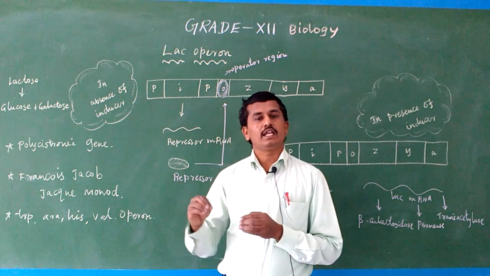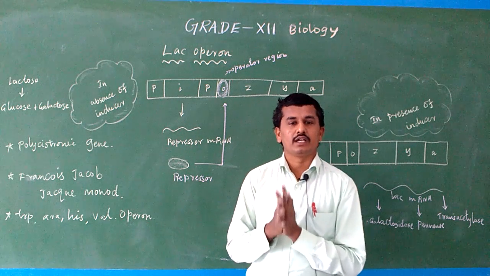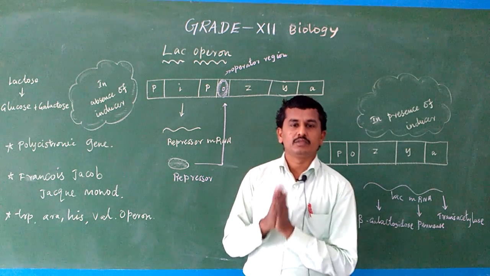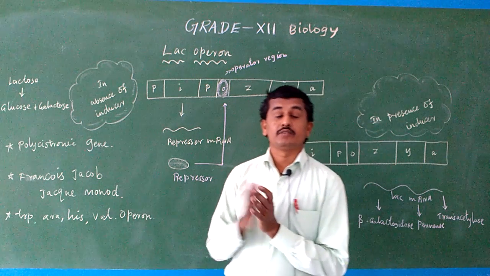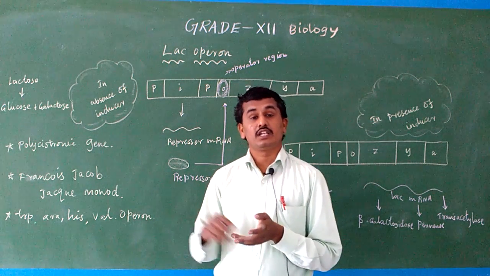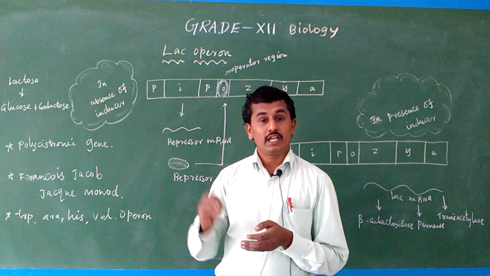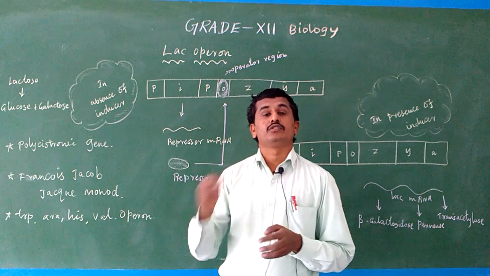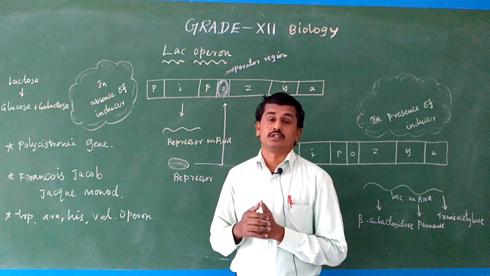So how is sunlight influencing the character of the gene? So some external agents, external physiological, external chemical, external sunlight, these external agents also control the character of the gene, and that is the concept of lac operon.